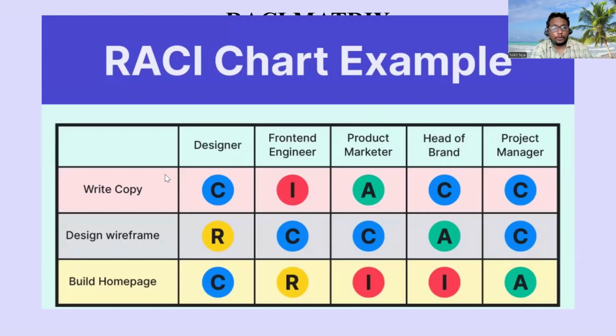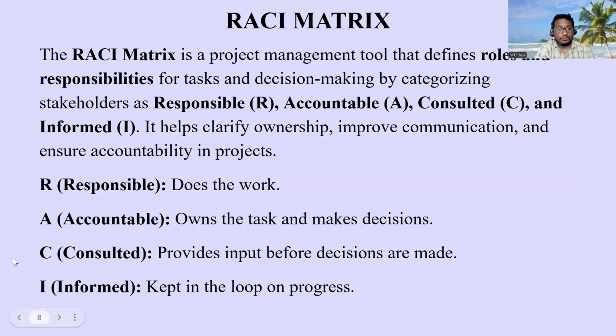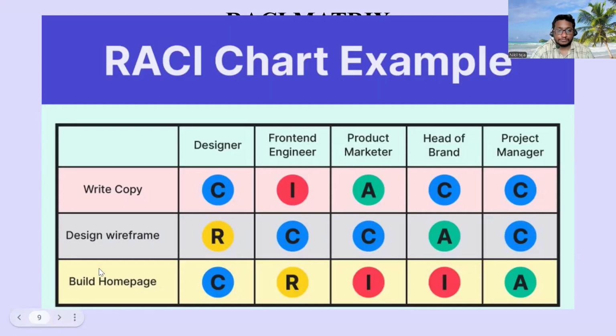The task is writing a copy. Write a copy is nothing but a task. So C stands for consulted, R stands for responsible, A stands for accountable, and I stands for informed. So the designer is consulted before writing a copy. Why?